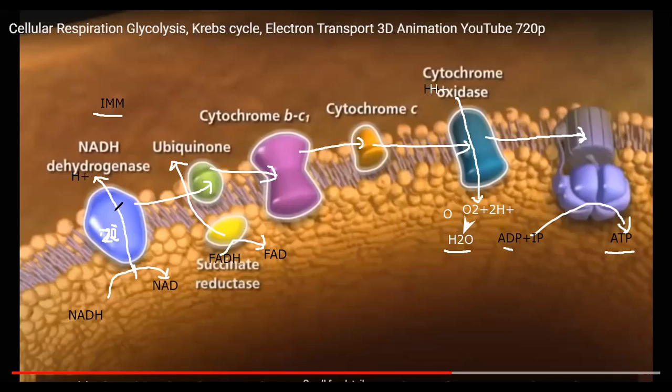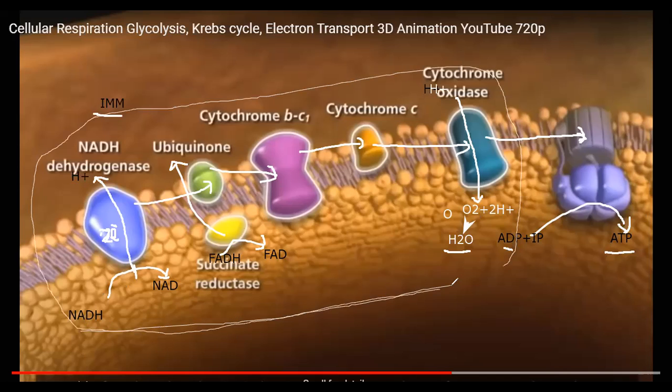As I mentioned earlier, ETC is restricted only till here, the transporting of H plus ions between the enzymes. Oxidative phosphorylation, OP, is this step. By the oxidation of NADH and FADH molecules, phosphorylation is happening to produce ATP, right? That's why this step is named oxidative phosphorylation.